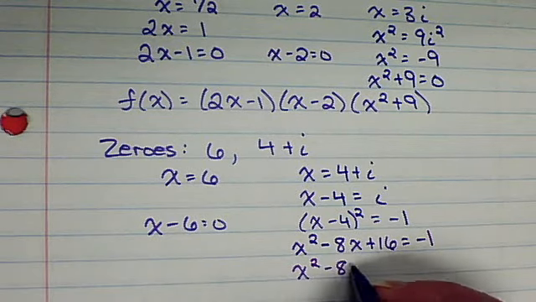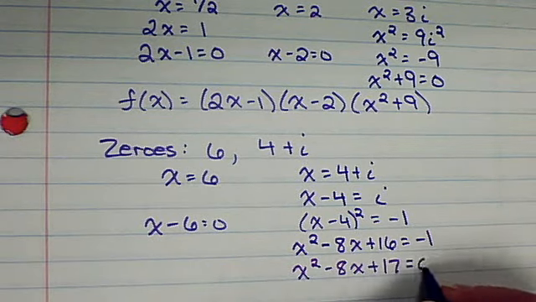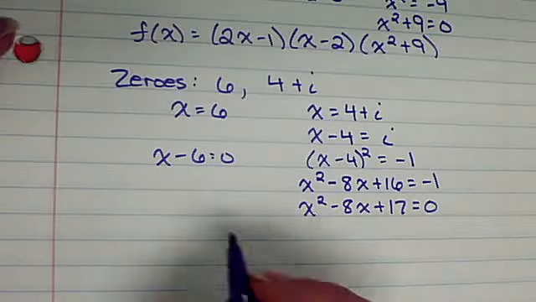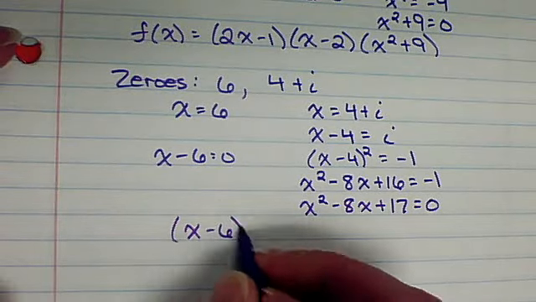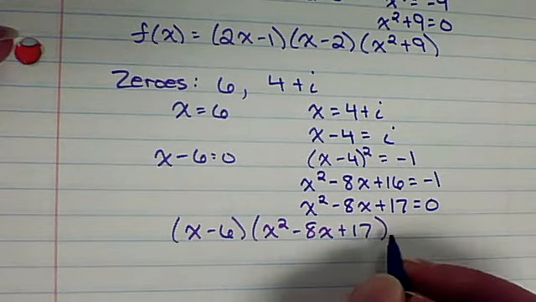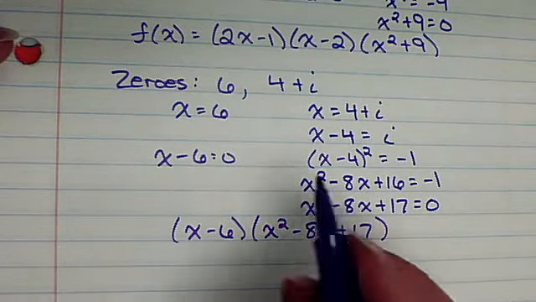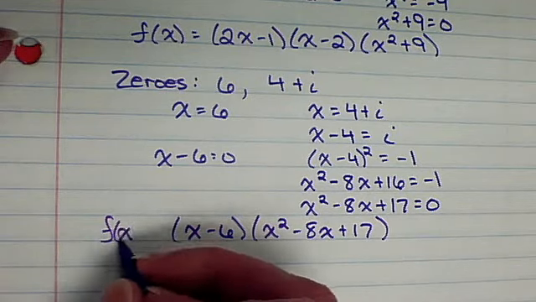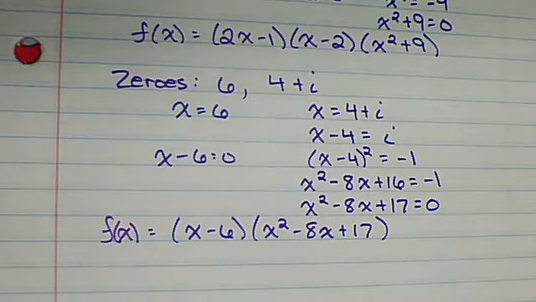X squared minus 8x plus 17 equals 0. Aha! Now I've got those factors. Now this one is an ugly one. Obviously it doesn't factor because it gives us an imaginary root. But that's all you have to do.